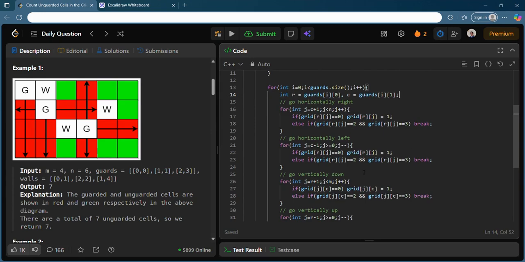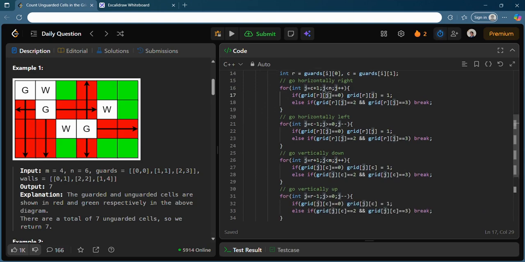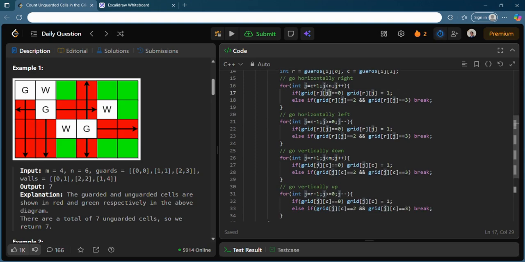Okay, and for every row and column, since we are going horizontally right, we will start with c plus 1 and go till n, j plus plus. c minus 1 go till 0 here, and here row will be fixed, column will be iterating through j.